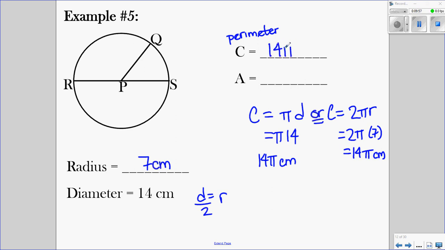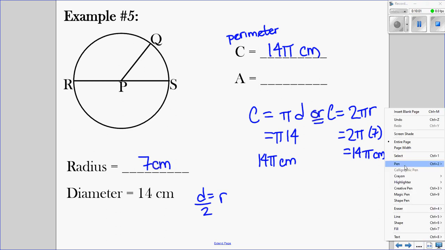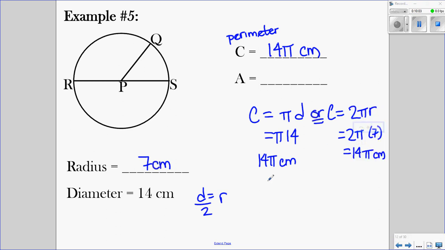So we put that here. And then for the area, I'll use another color. I'll use green. Area of a circle is pi r squared. Don't get that confused. Circumference is 2 pi r, area is pi r squared. You already found the radius.